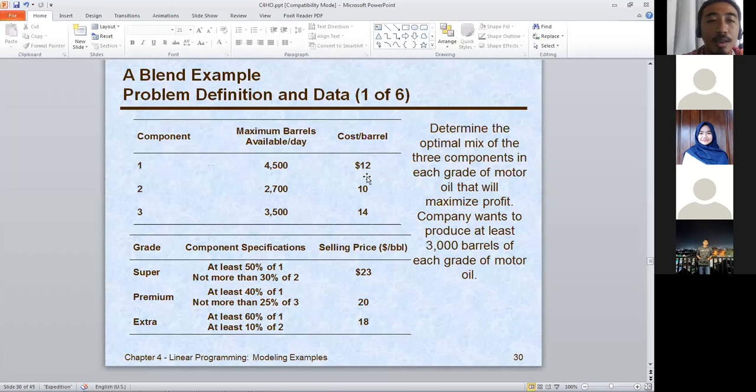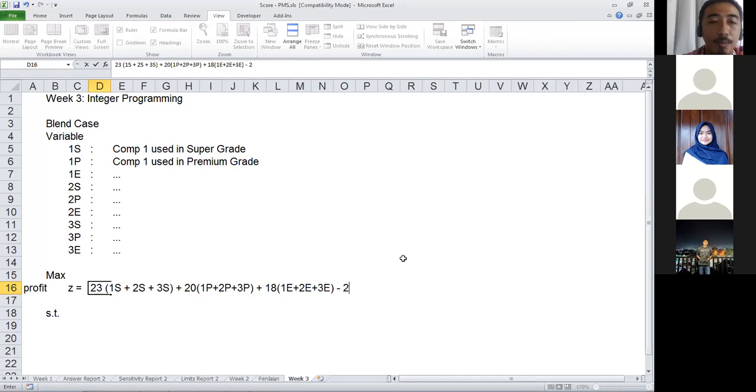The cost is 12 barrels for component one. It means 1S plus 1P plus 1E. Yes, all of this is the component one that we are using, for super, for premium, and for extra.